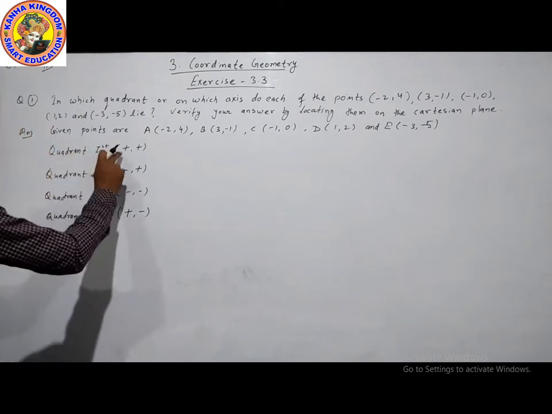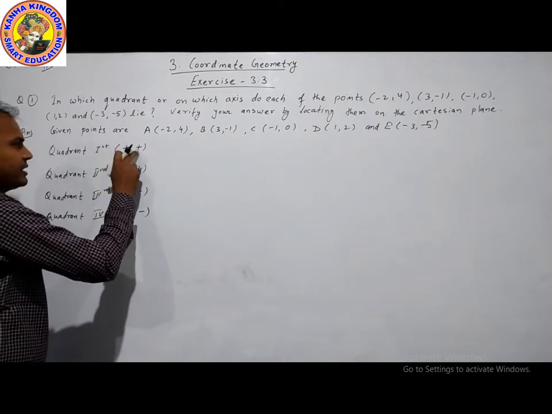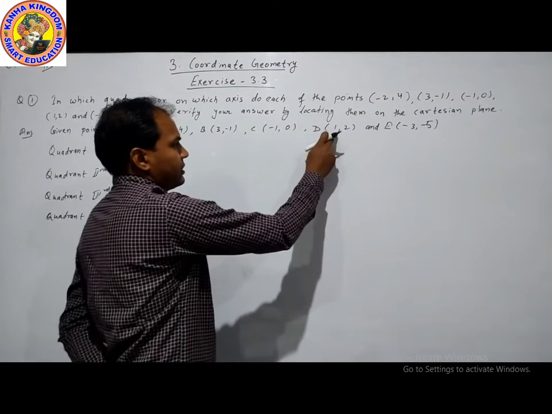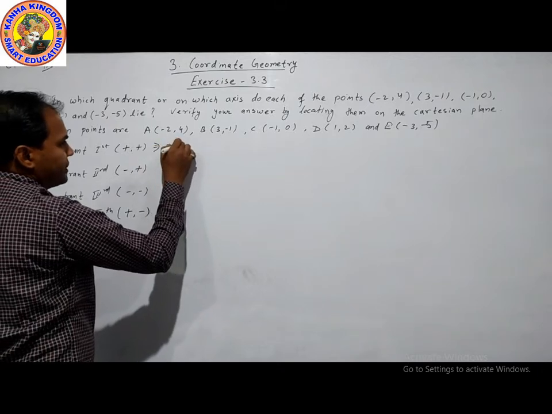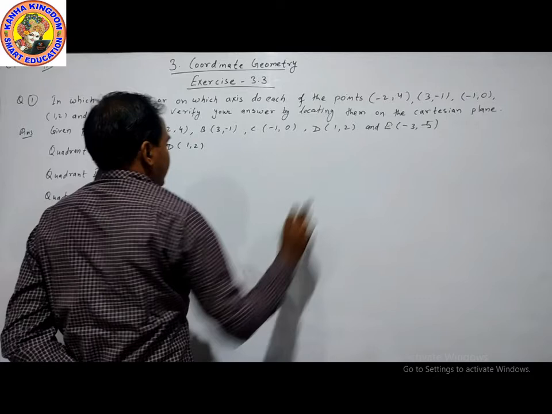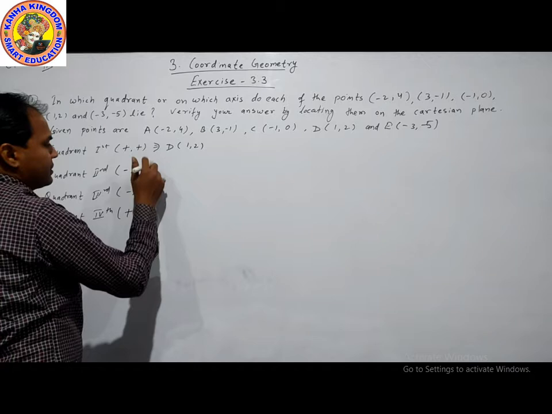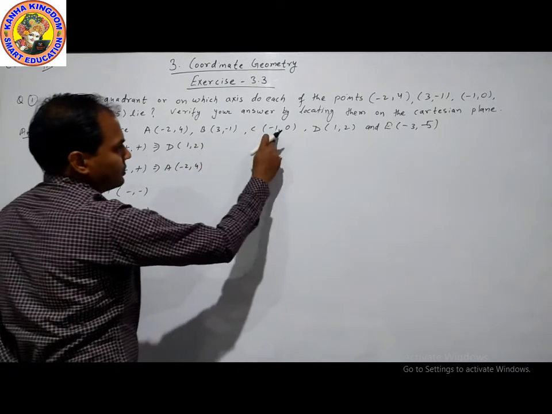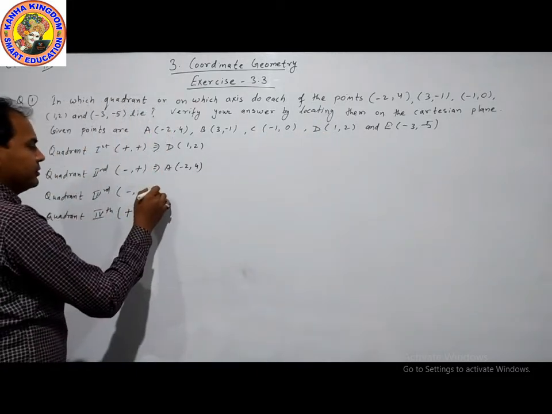So the point having plus, plus, yes, the point D. In the first quadrant, the point D exists, (1, 2). Now we are searching minus, plus: point A (-2, 4), minus plus, no other point.